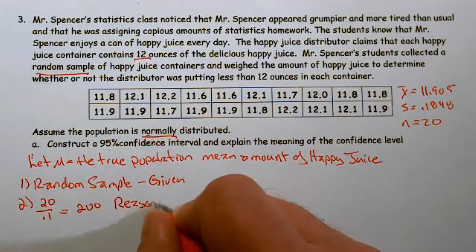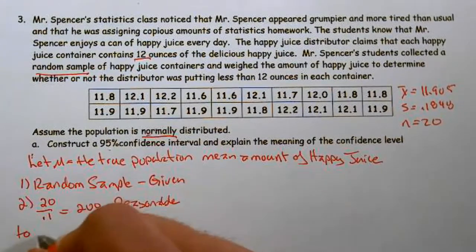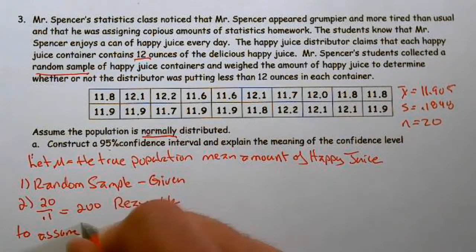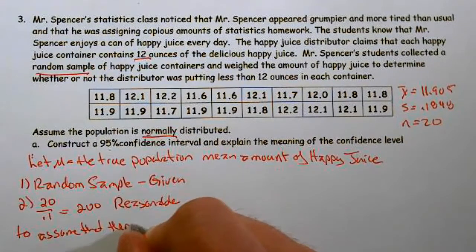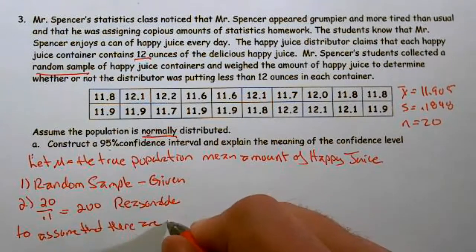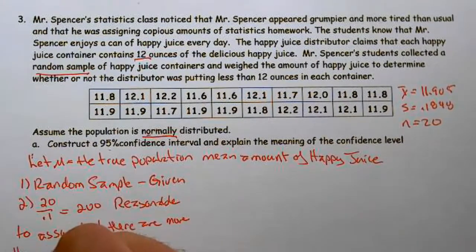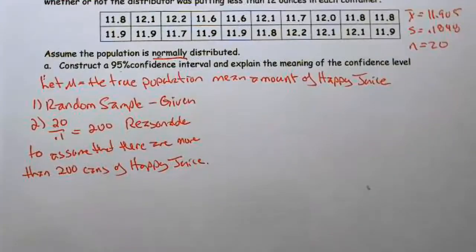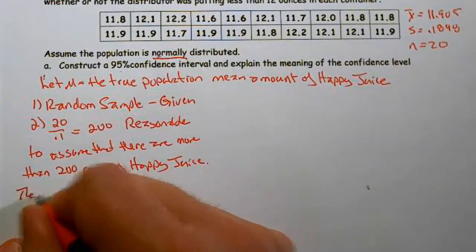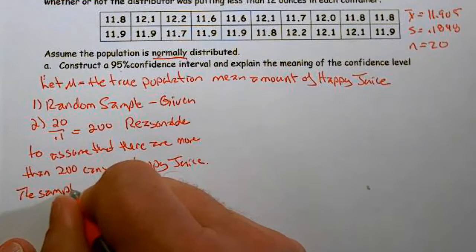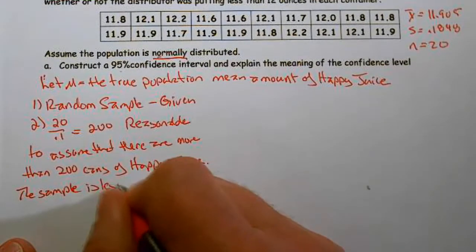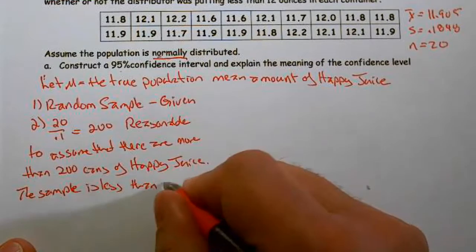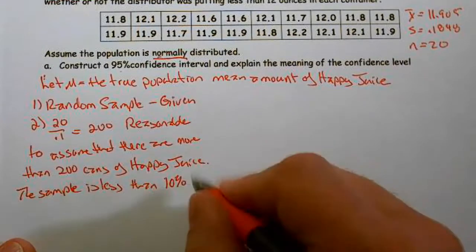Reasonable to assume that there are more than 200 cans of Happy Juice. I can confirm that to be factually accurate. So the sample is less than 10% of the population.